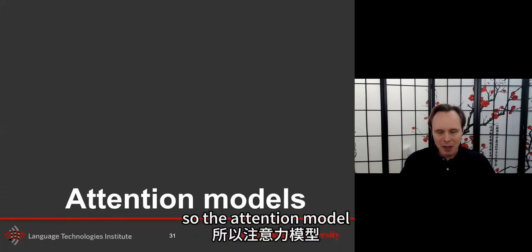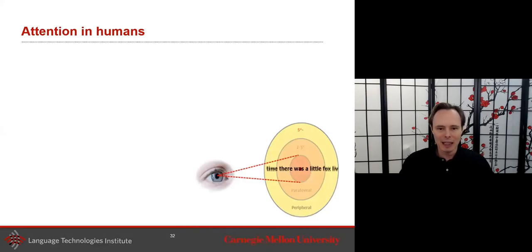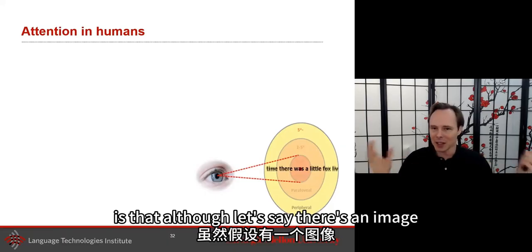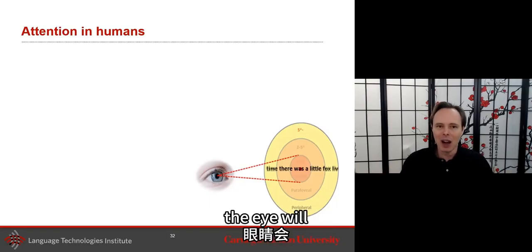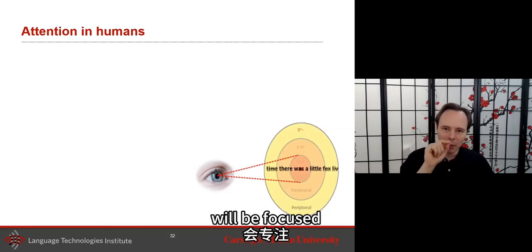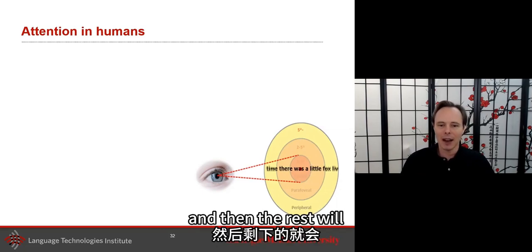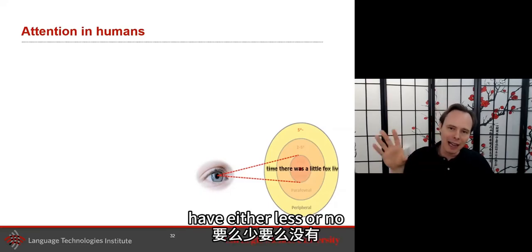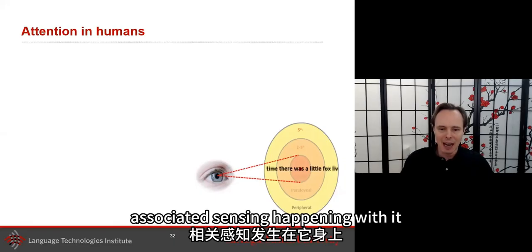The intuition behind the attention model is that, let's say there's an image displayed, the eye, through the saccade and the fixation, will be focused on a subset of the image at any point in time, and the rest will have either less or no associated sensing happening with it.